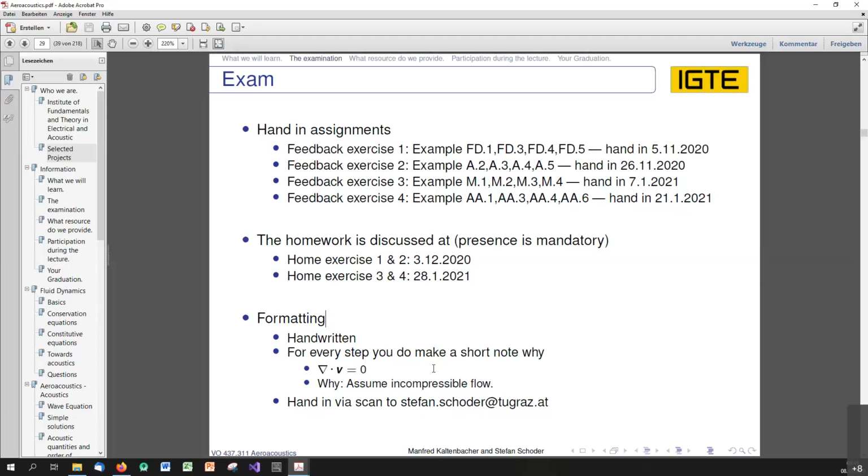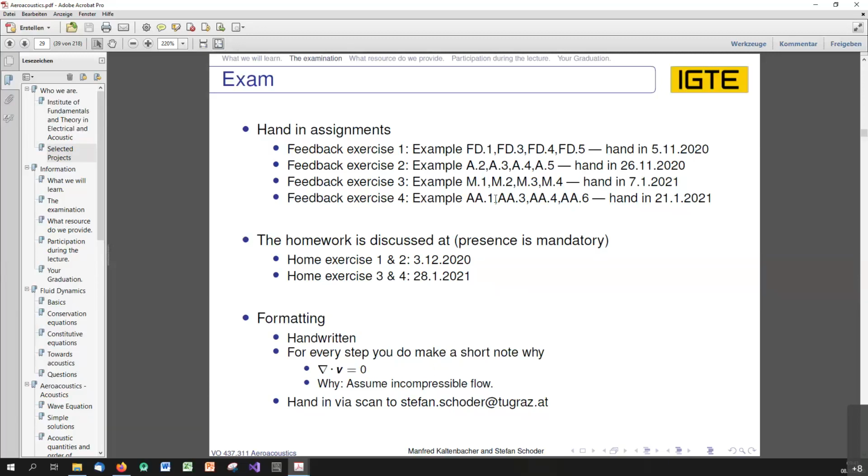Sounds good? I have a question. Is this examination only valid for the lecture or also for the exercises, or how is that related? That's only for the lecture. During the exercises, we will execute different examples.